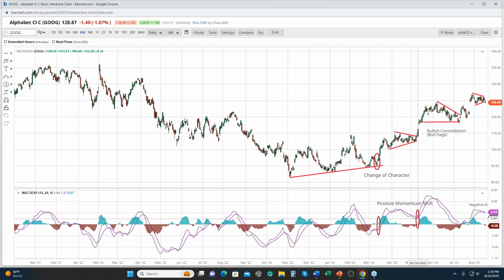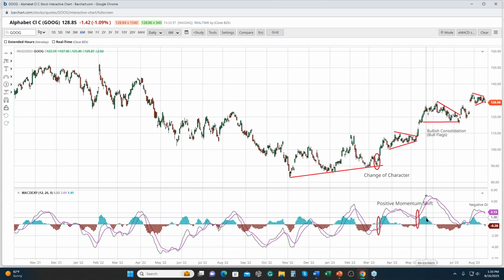Well, our momentum has waned a bit, right? But then we get that positive momentum shift where we cross back over and our momentum histogram is accelerating. Now we're seeing a greater momentum.